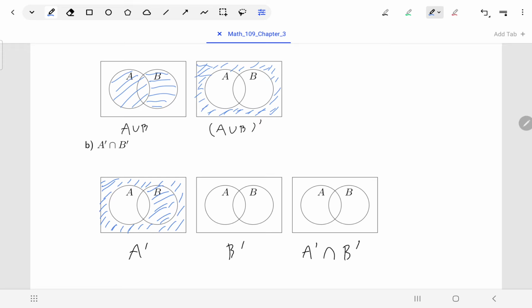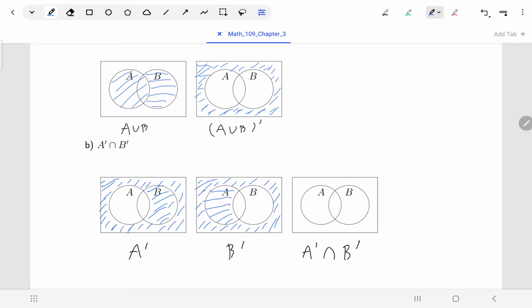And then for B complement, all the things that are outside of B, I'm going to do the same idea, shading all the things that are outside of B. There are two regions being shaded there, the part that's outside of both sets and the part that's only inside of A. Okay, so I've shaded in A complement, I've shaded in B complement, and now for the intersection, I'm going to ask myself, what do they both have in common?